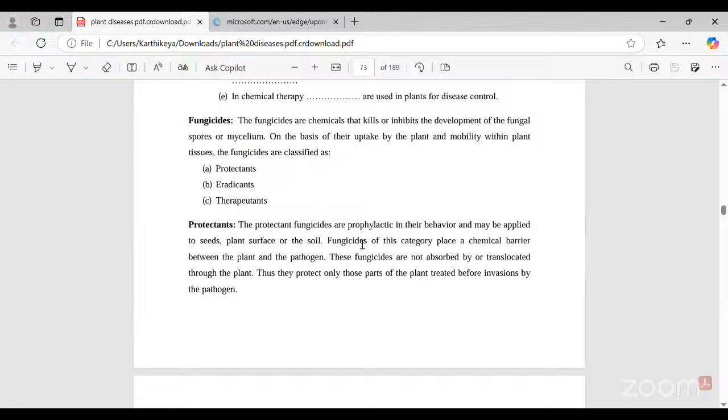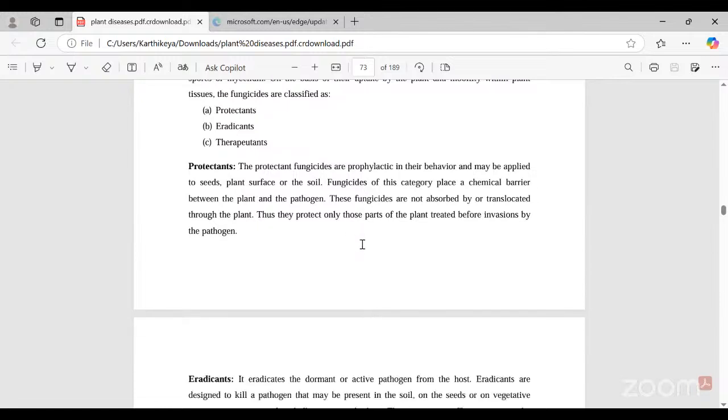The fungicides are classified into protectant, eradicant, and therapeutant. Protectant fungicides are prophylactic in their behavior and may be applied to seed, plant surface, or the soil.